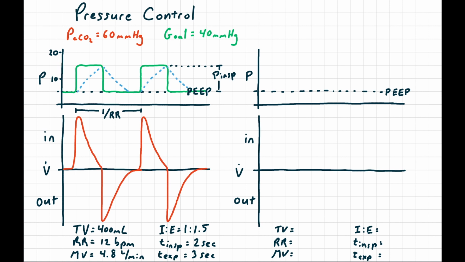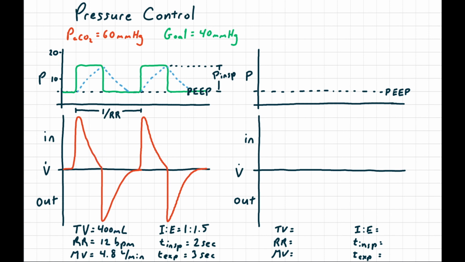People will refer to this setting as pressure control 10 over 5, meaning that the inspiratory pressure is 10 centimeters of water and that PEEP is 5 centimeters of water for a total peak circuit pressure of 15 centimeters of water. This just so happens to work out to a tidal volume of 400 milliliters based on my completely made-up compliance.